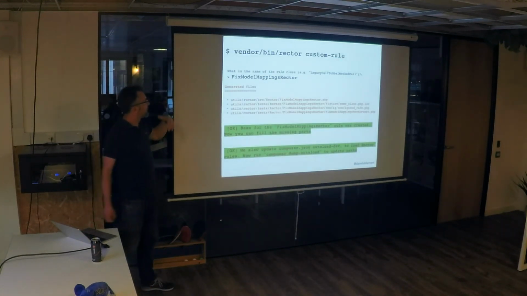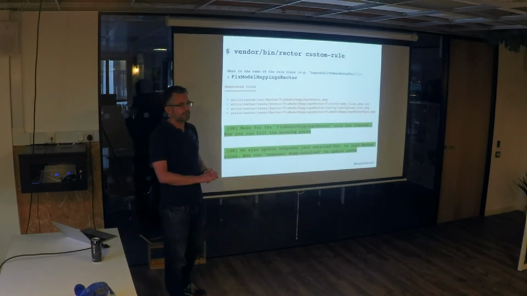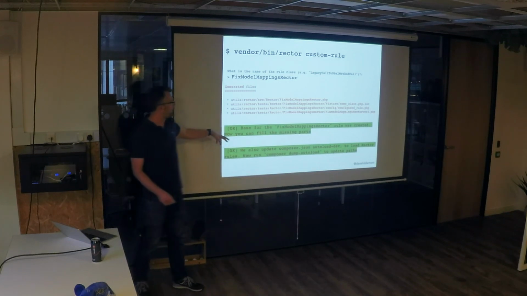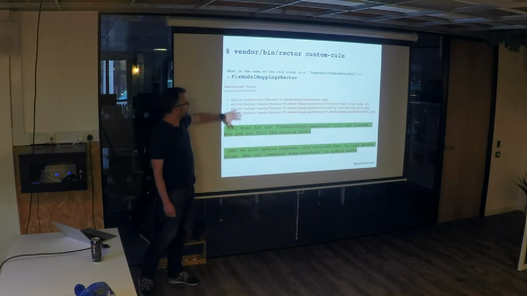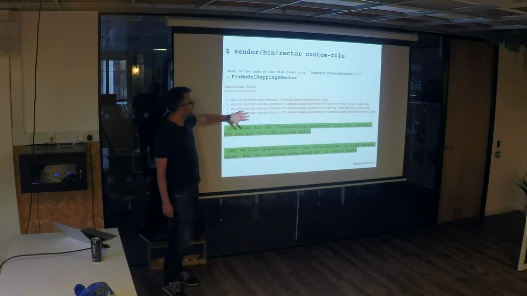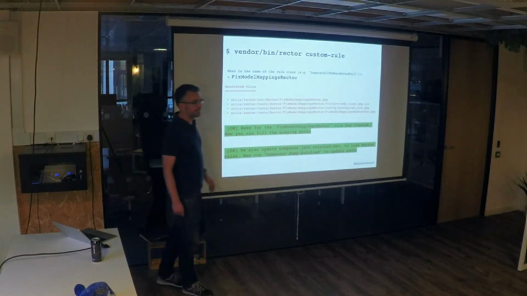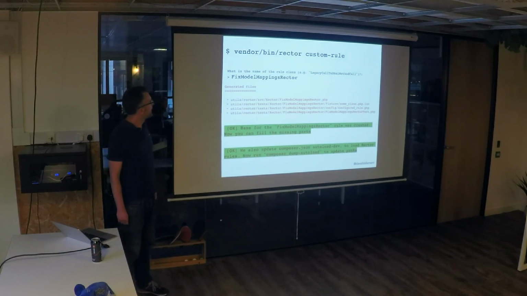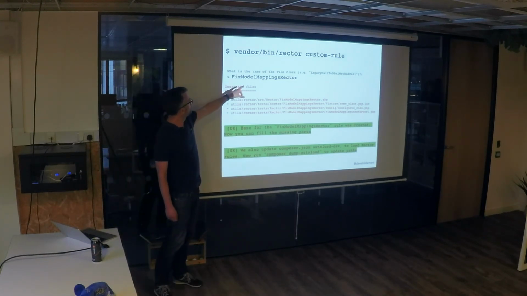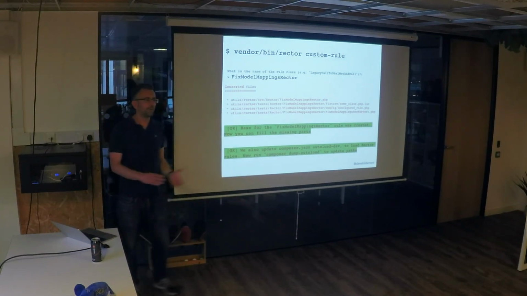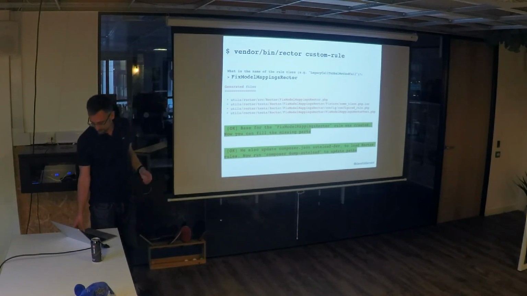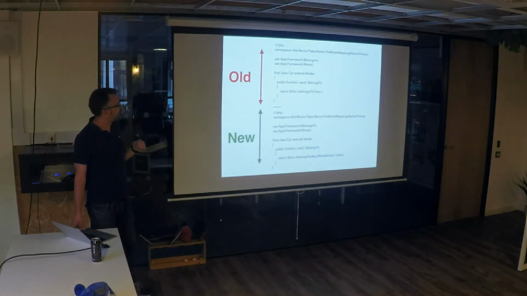So what we do is we run Rector with custom rule, we give it the name of the rule, and it creates a whole load of automatically generated files, including places for tests to live. So I called mine fix model mappings Rector. Maybe not the best name, but there we go. And then we're going to set up our test fixtures.